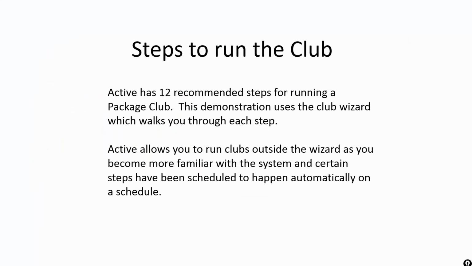Step 1 is in the pre-club release phase, so we are talking about some weeks before the actual club run is going to happen. We're now going to assign all our members a username, just in case they don't already have one.